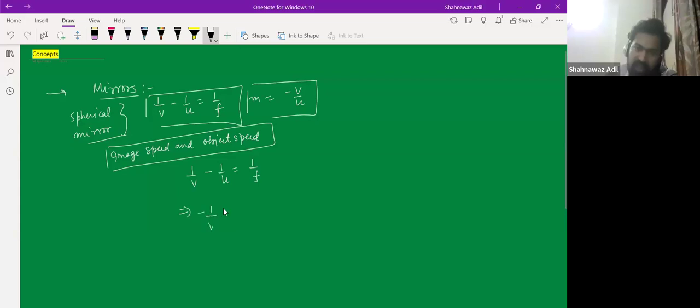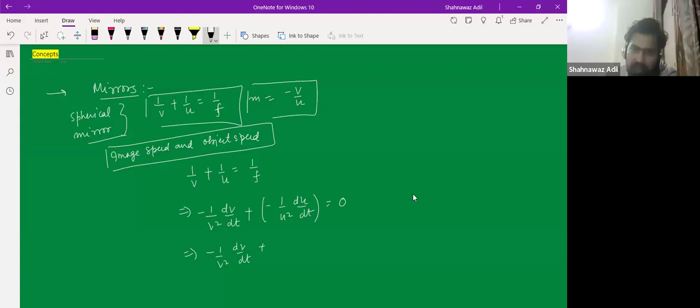We will get minus 1 by v square dv by dt minus 1 by u square du by dt, which is equal to 0. Oh yes, sorry, 1 by v plus that.